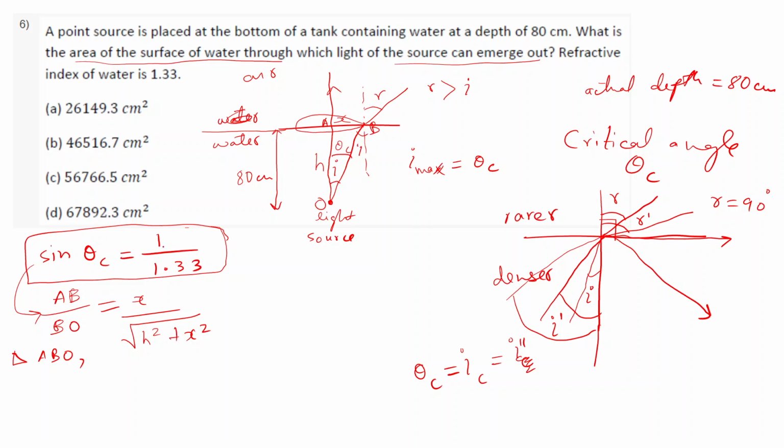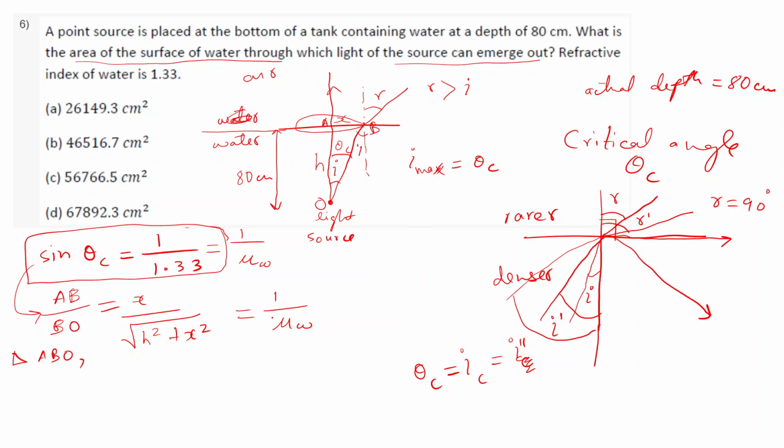Now this is 1 over 1.33, or for convenience let's just write it as 1 over mu of water. Okay, now we have to solve it. So this will be equal to 1 over mu W.